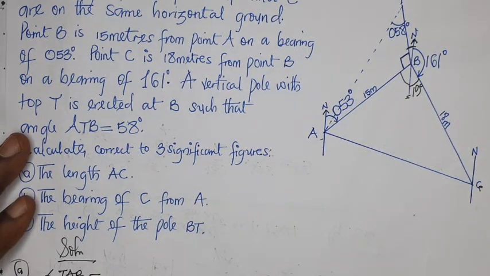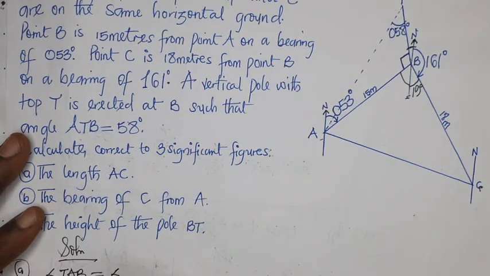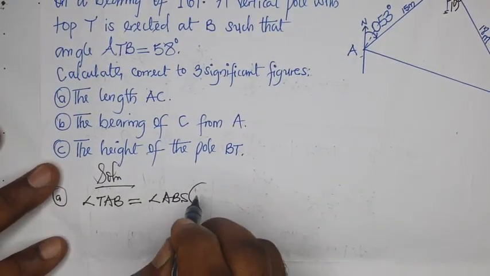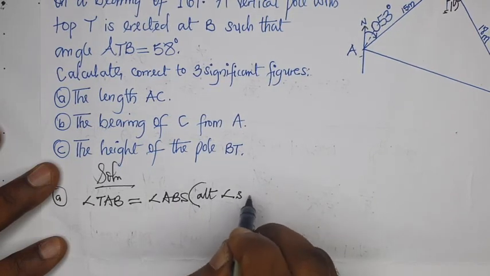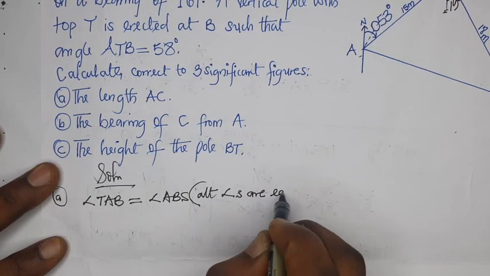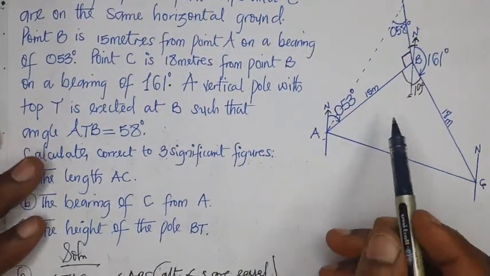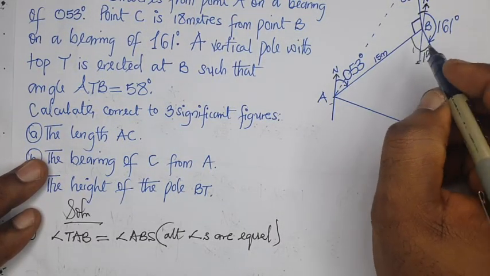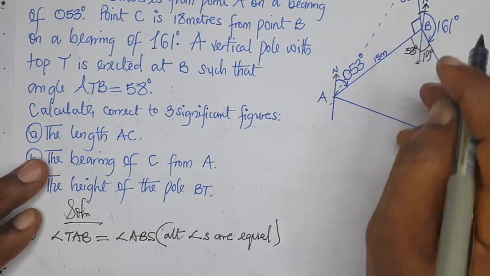So the angle TAB is the same thing as angle ABS. The reason for this is because both of them are alternate angles, and we know that alternate angles are equal. Remember that. So we can conveniently say that the angle ABS, which is this missing angle here, measures 53 as well. We'll write it down like this, 53 degrees.